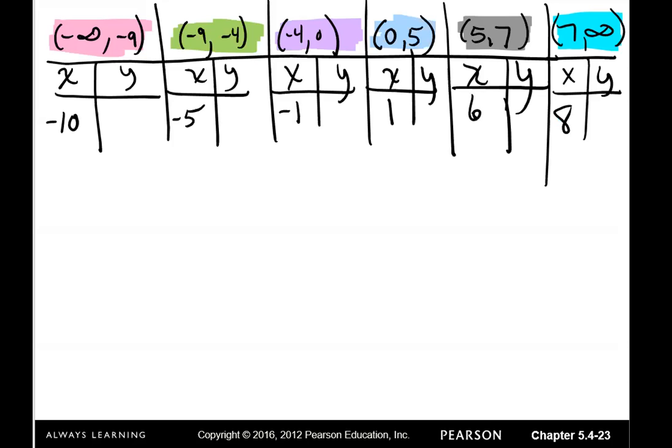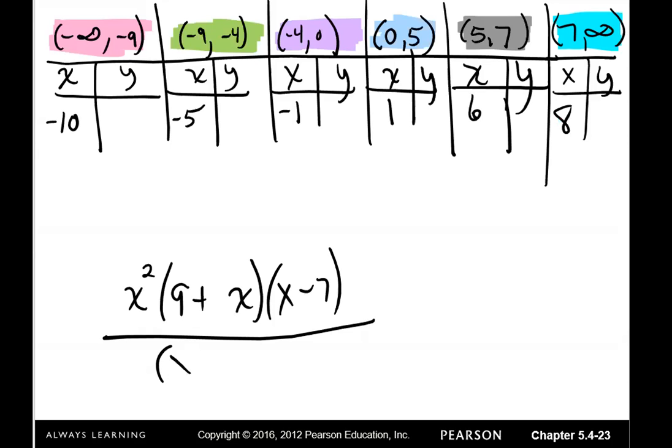Okay. So what you have to do is grab the function, which was, and this is where the fun begins: x squared times 9 plus x times x minus 7 over x plus 4 times x minus 5.